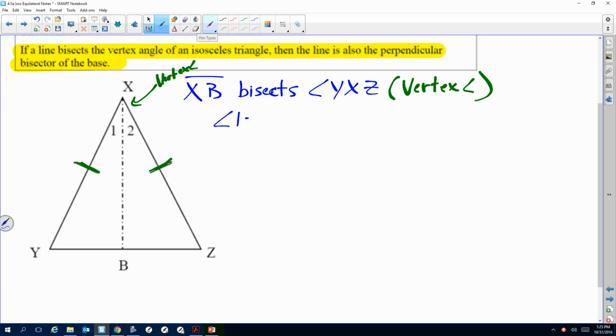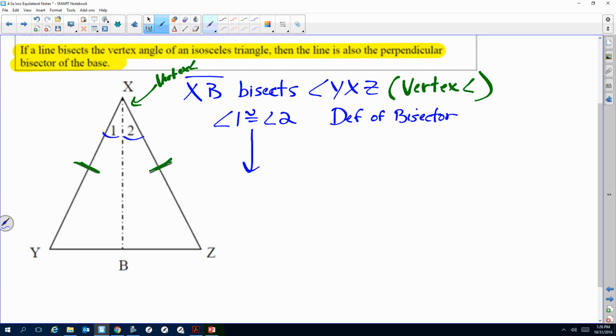Okay, what conclusion can we draw knowing that XB is a bisector? Yes. Angle 1 is congruent to angle 2. That's the conclusion. What would be our justification, our reason for that? Definition of bisector. Okay, so now that I know that, I'm going to go ahead and mark that using definition of a bisector. I'm going to draw conclusions from that line.